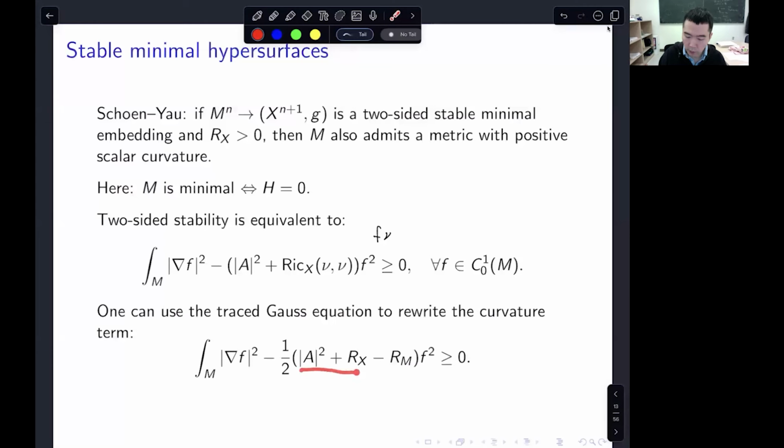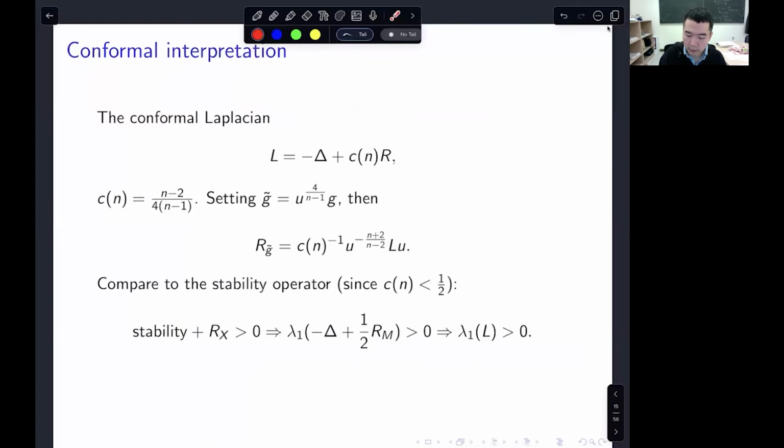These two terms are positive, so I can just throw them away, right? So in this stability inequality, the eigenvalue condition implies that the first eigenvalue of what's remaining in the operator, namely the minus Laplacian plus 1/2 times the scalar curvature of the minimal hypersurface, is positive.